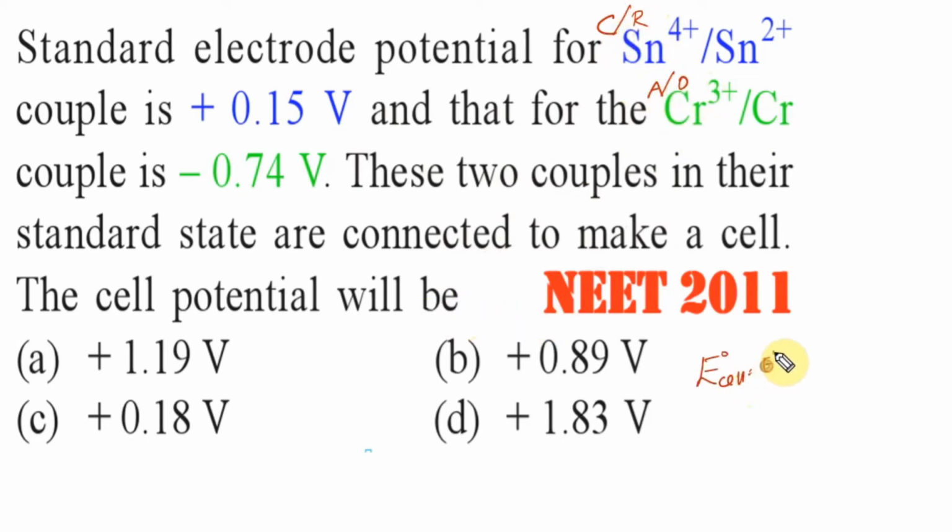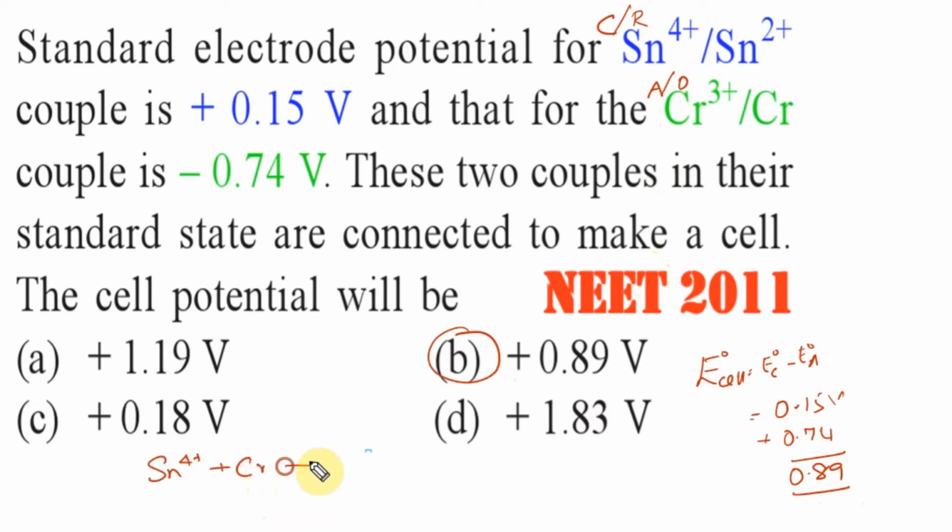E0 cell is E0 cathode minus E0 anode. That's going to be 0.15 volt minus of minus, plus 0.74. So we have 0.89 volts. Simple. Now, when I connect these two, what you get, maybe I can write this down, is Sn4+ and Cr give you Sn2+ and Cr3+.